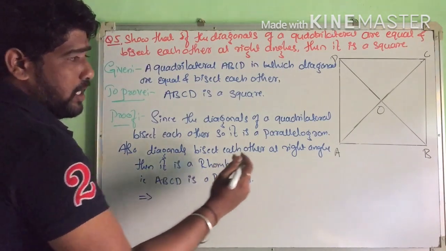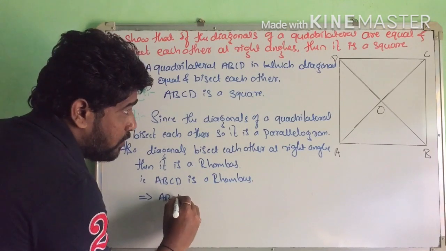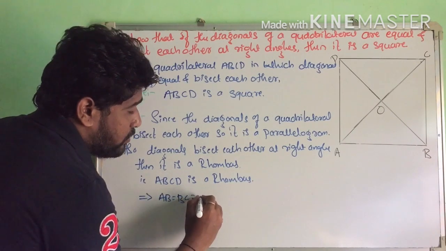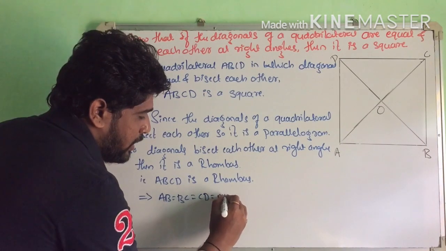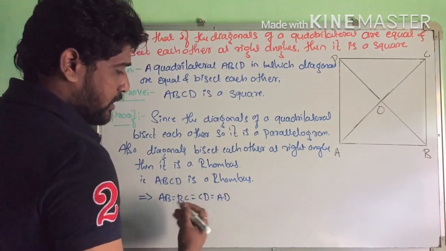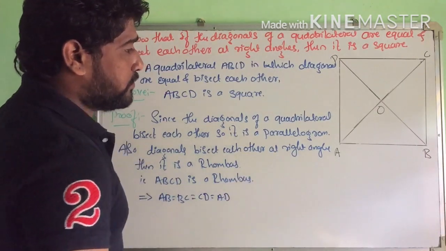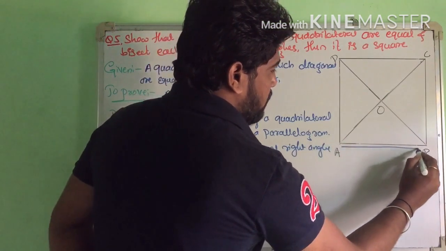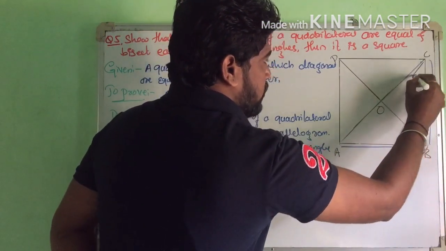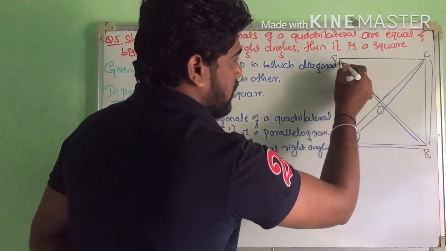It implies that all sides are equal. That is AB is equal to DC is equal to CD is equal to AD. So all sides are equal in a rhombus, right? So now consider two triangles. Which one? Triangle ABC and another triangle ABD.